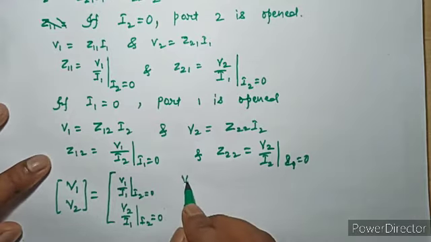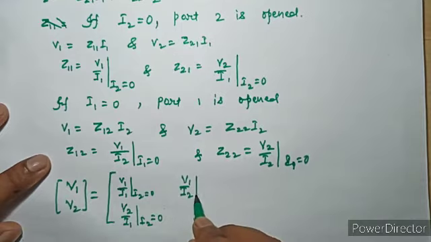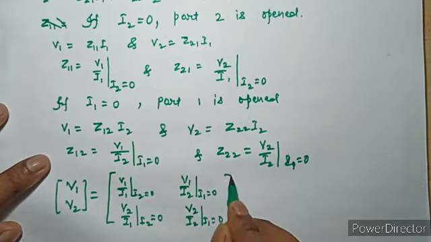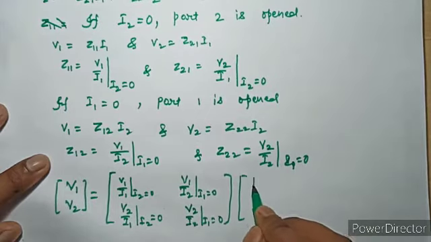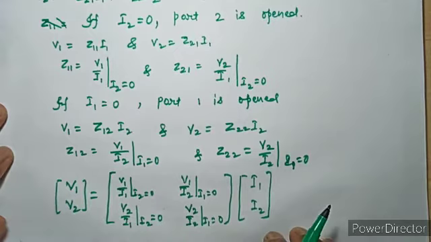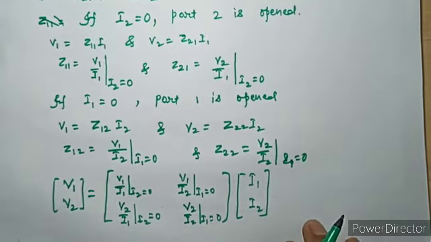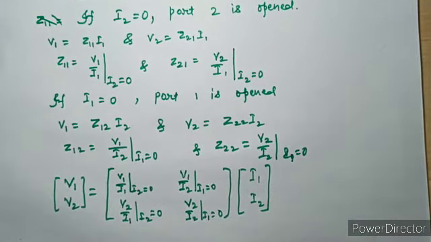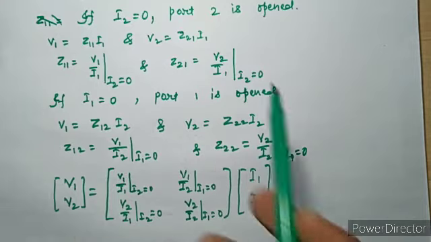Z12 is what? V1 by I2 when I1 is equal to 0, and Z22 is V2 by I2 when I1 is equal to 0, into I1 and I2. Now from the GATE point of view we don't have to go into this elaborated form.